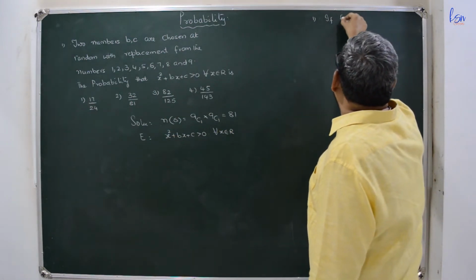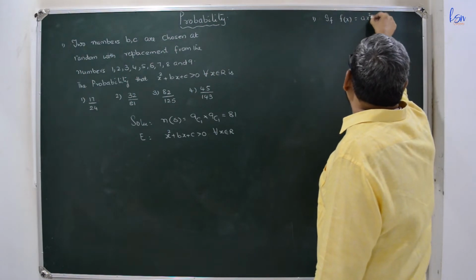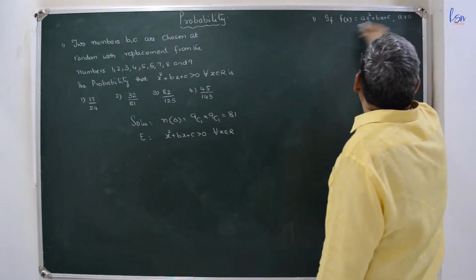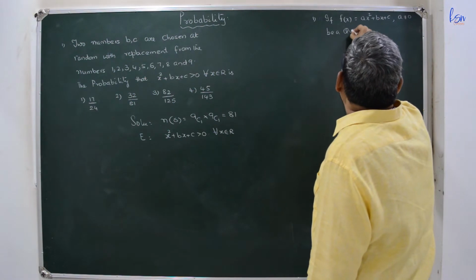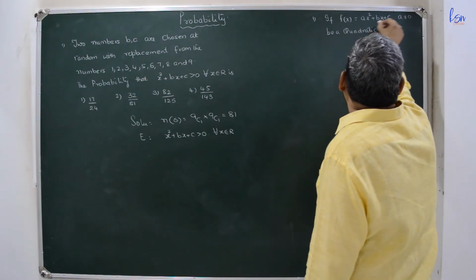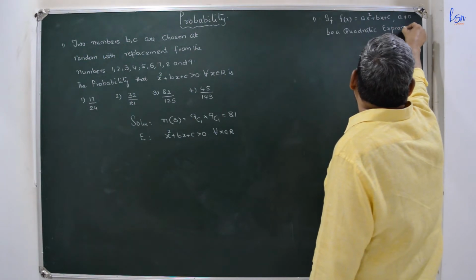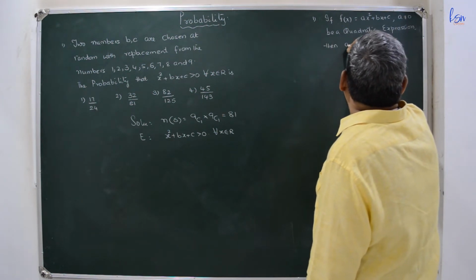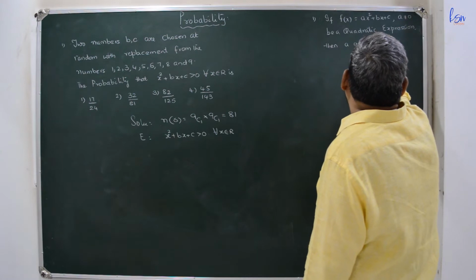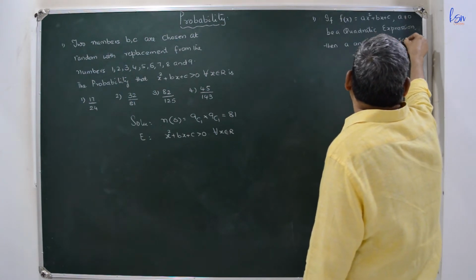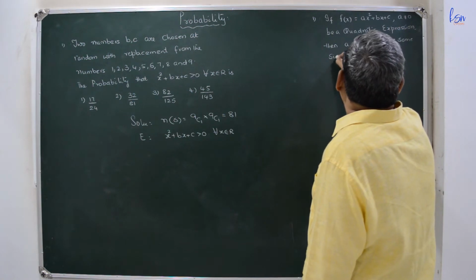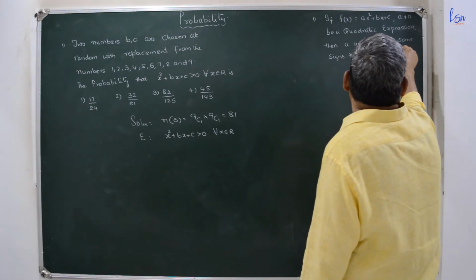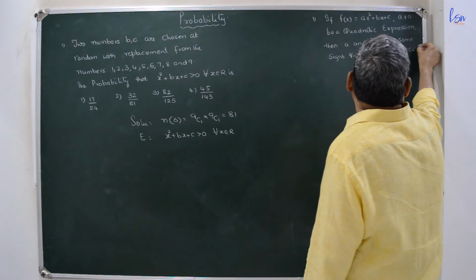If f(x) is equal to ax square plus bx plus c, a not equal to 0, be a quadratic expression, then a and f(x) have the same signs for all x belongs to R if delta, equal to b square minus 4ac, is less than 0.